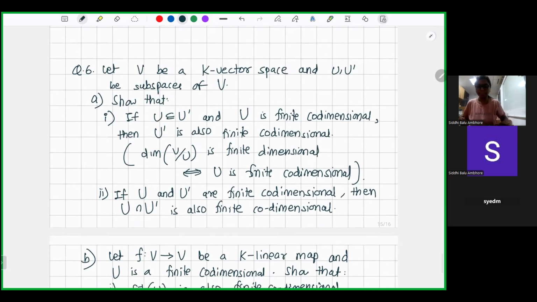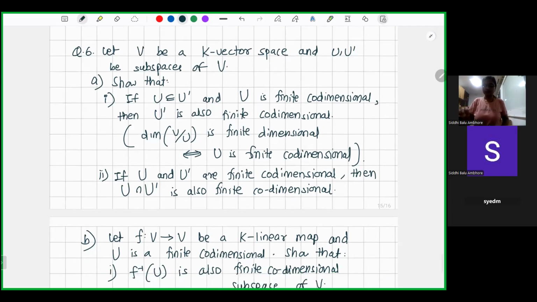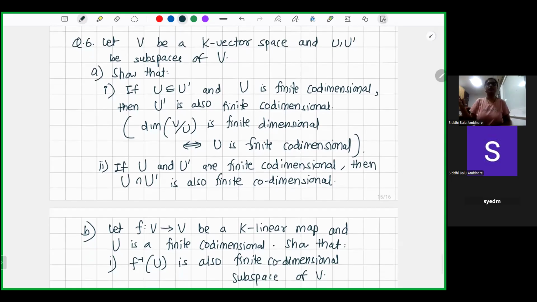So everything is codimensional. So codimensional means we are talking about quotient spaces in short.